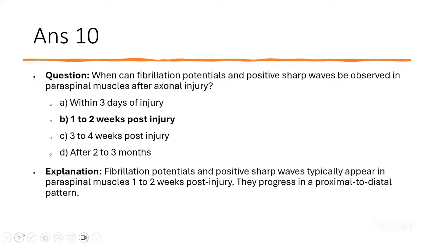So fibrillation potentials and positive sharp waves typically appear in the paraspinals 1 to 2 weeks post-injury. They progress in a proximal to distal pattern. So you are correct, 3 to 4 weeks in distal. Proximally, they appear early in paraspinal muscle. The question is about paraspinal muscles.